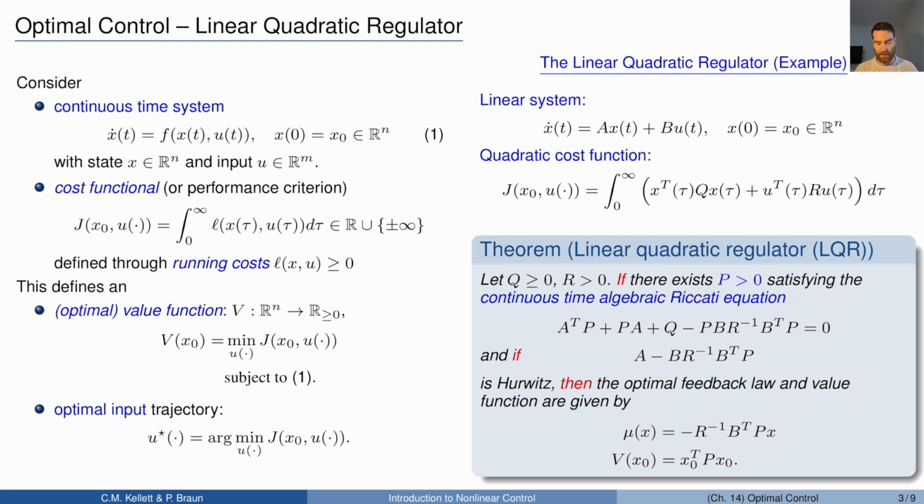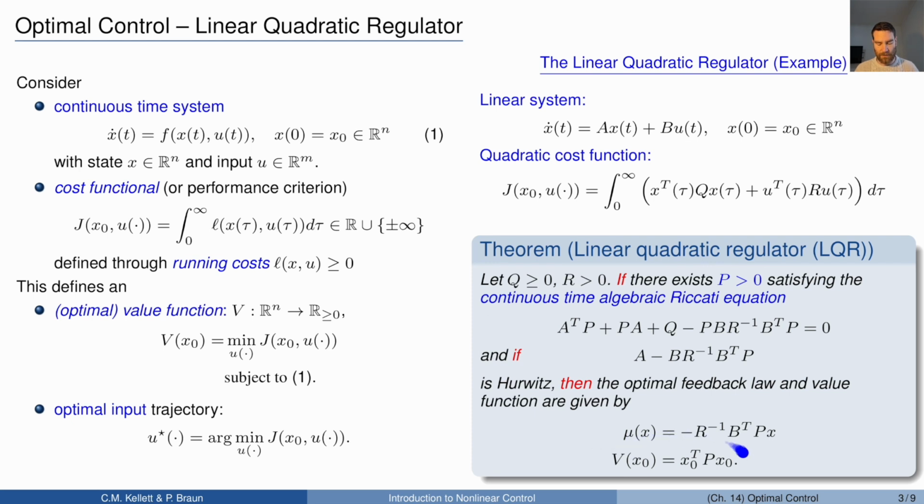So in particular, this component here of this Hurwitz matrix, and the optimal value function is a quadratic function characterized through this positive definite matrix P coming from the algebraic Riccati equation.